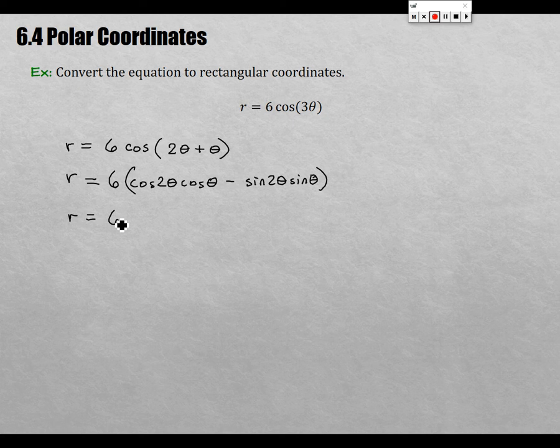A second candy opportunity. What's the cosine of 2 theta? What'd you say, Brandon? Josh said cosine squared theta minus sine squared theta. I thought I got it wrong. I believed in you. Thank you. Okay.